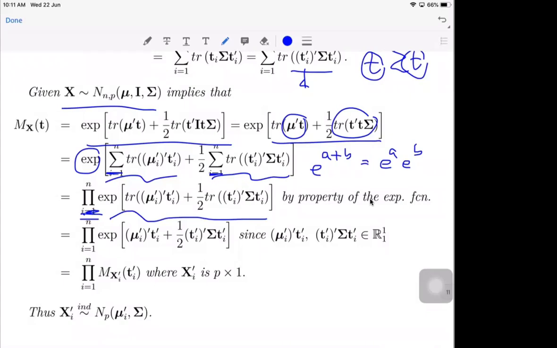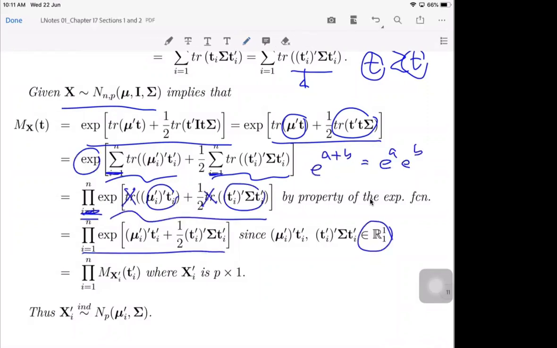And then if you scrutinize the dimension of these two, it's just 1 by 1, so the trace here can be removed. So this is simplified in this manner.